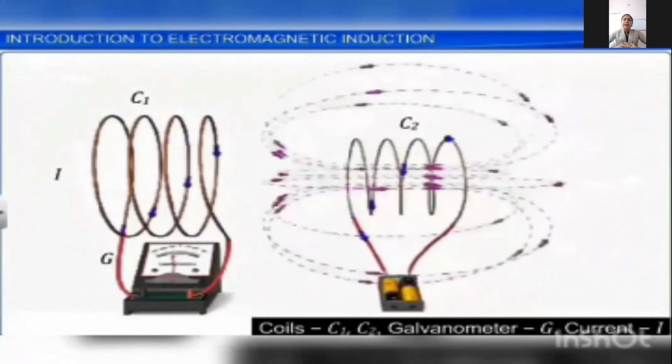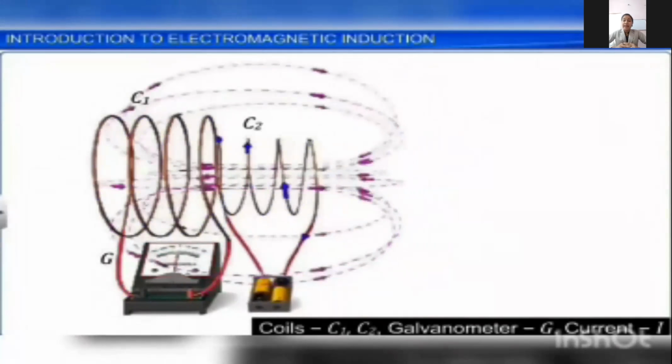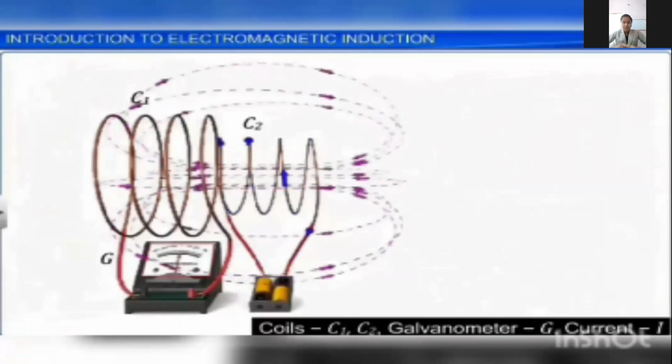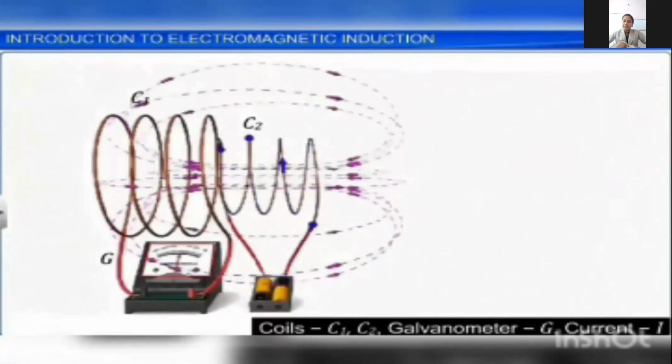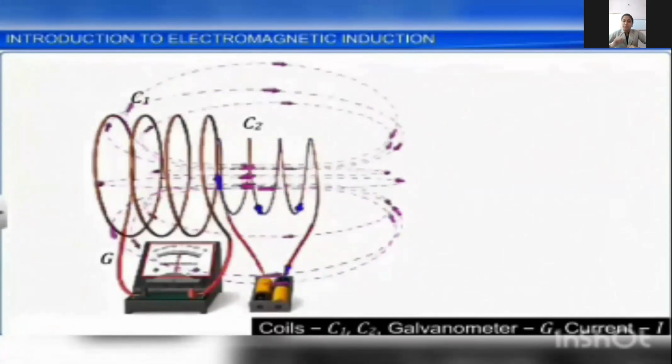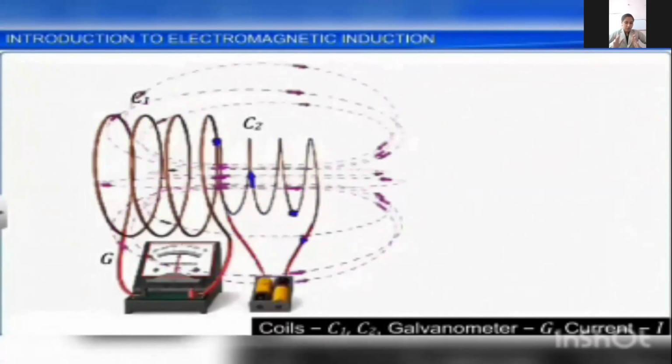Now we can move C2 towards C1. Then also we can see that the galvanometer connected to C1 deflects in the opposite direction. Thereby we can infer that there too, an induced current is passed to C1. When it is kept steady, there is no deflection.